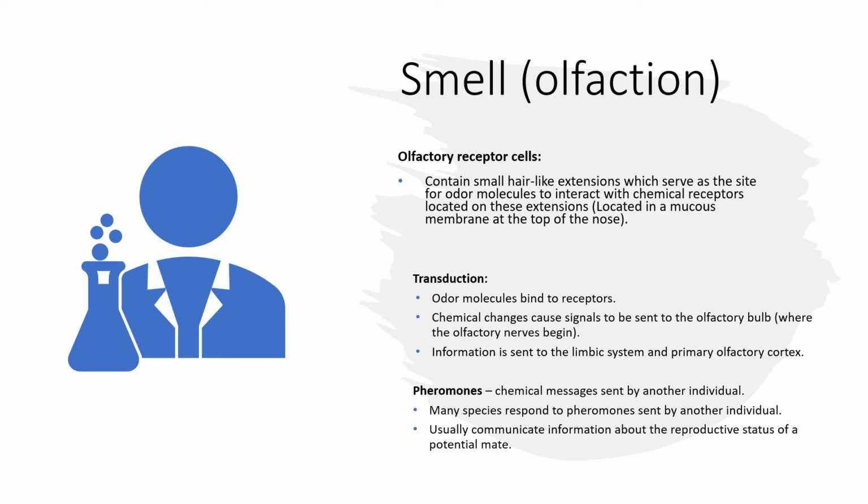And while there are lots of products out there, especially colognes or perfumes, that are advertised to be able to attract a mate through the use of pheromones, there has yet to be the identification of a pheromone that would make someone attracted to you. But that doesn't mean that researchers aren't still looking.